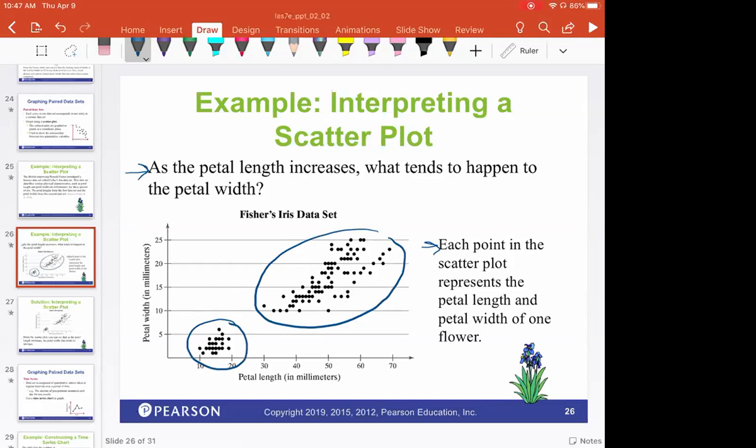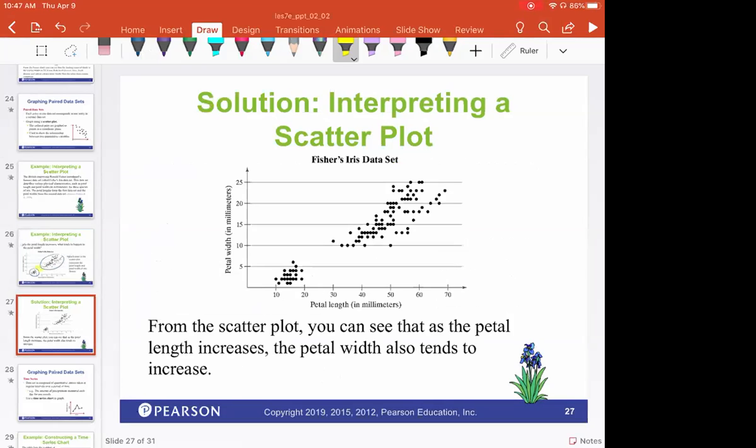Now, what this tells us is that there's a big difference between them, right? They're not relatively close. They have this big gap between them. So from the scatter plot, you can see the petal length increases, the petal width tends to increase.